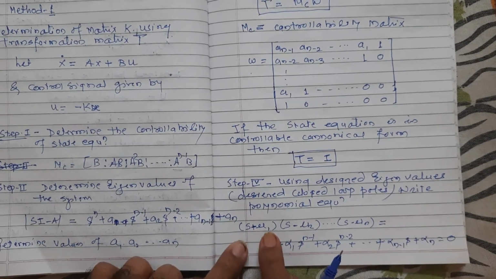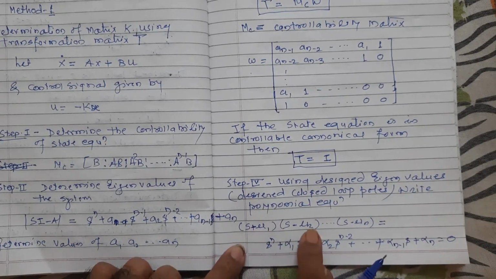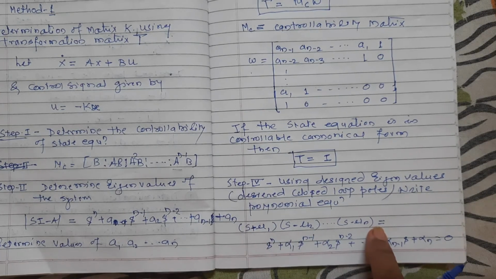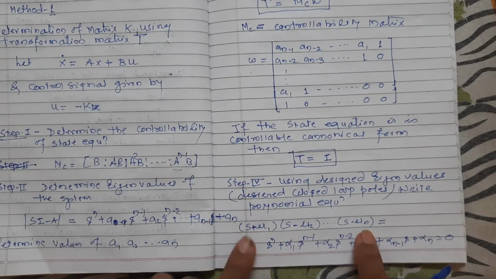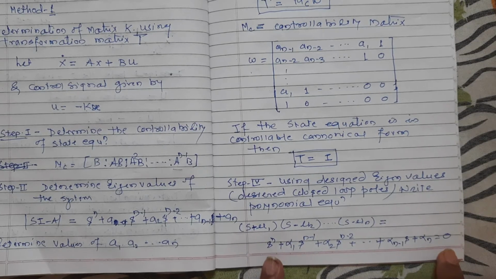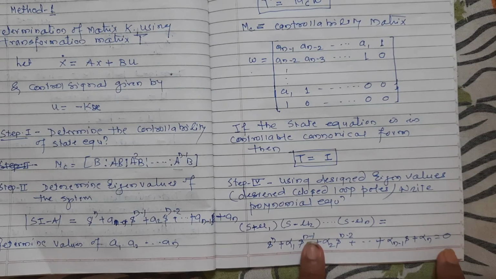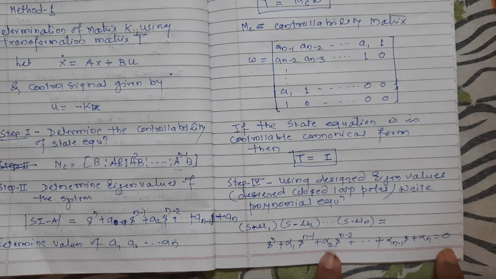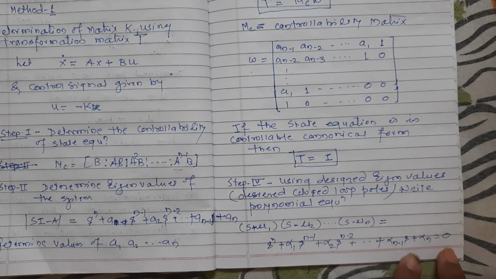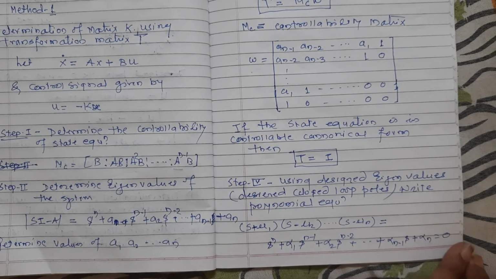(s − μ1)(s − μ2) up to (s − μn), whatever the desired poles that we have been given, we will write down here. We will multiply these together and get one polynomial equation in this form: s^n + α1 s^(n−1) + α2 s^(n−2) and so on, plus α(n−1) s plus αn, equals 0.